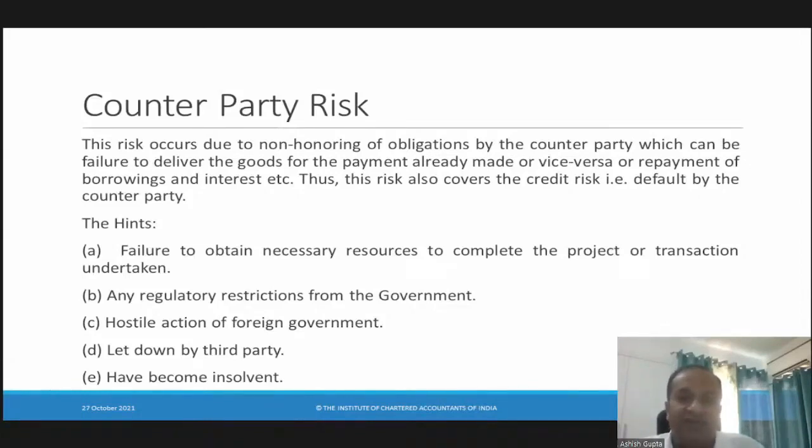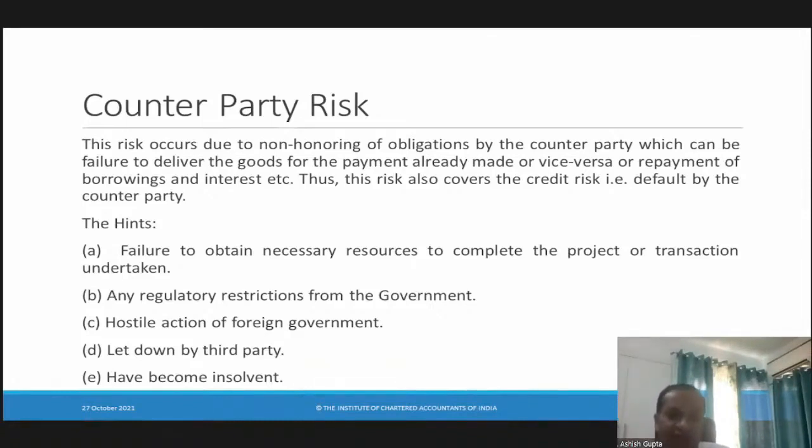Thus, the risk also covers credit risk, credit default by the counterparty. Normally it consists of two risks: one is counterparty or credit risk, and another is also called settlement risk.